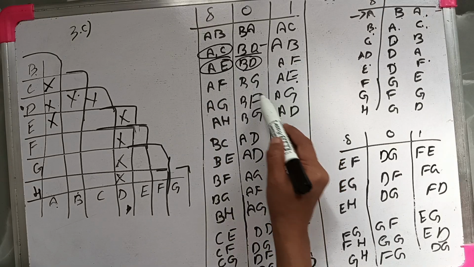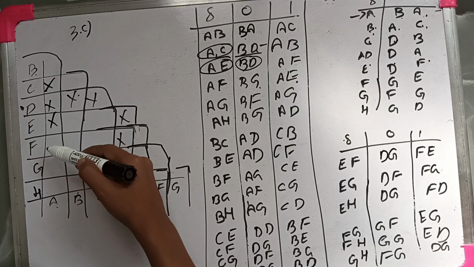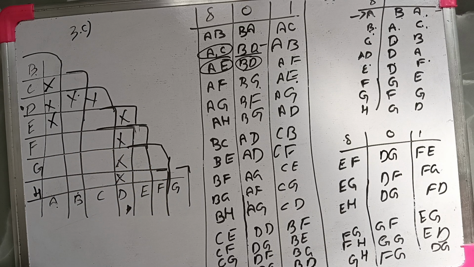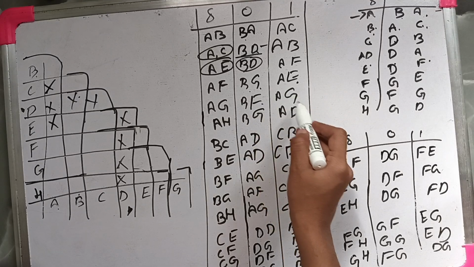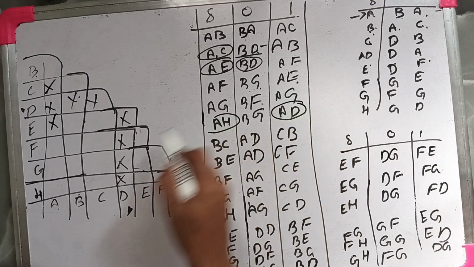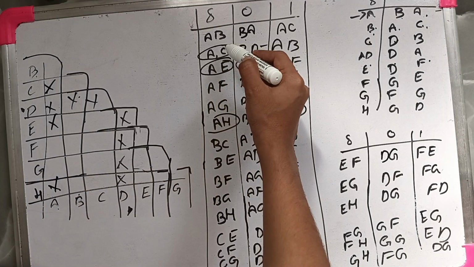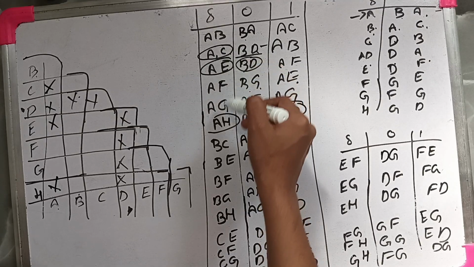Next here, AE is marked. In the first iteration, go for D only, okay, search for D. Here AD is there, mark A and H also, okay. In the A we marked AC, AE and AH.